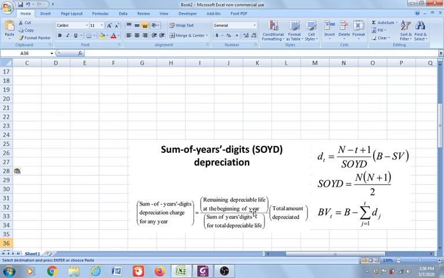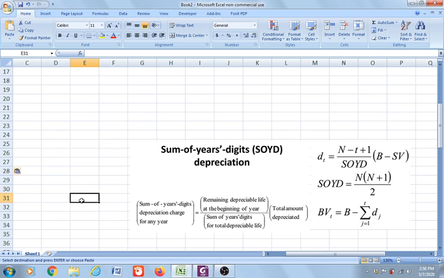So those are the equations that we will use to calculate the depreciation table for the sum of years' digits method. And the last thing, the book value at year t, is the basis minus the cumulative depreciation charge, or BV_t equals B minus the sum of D, where D is the depreciation charge.